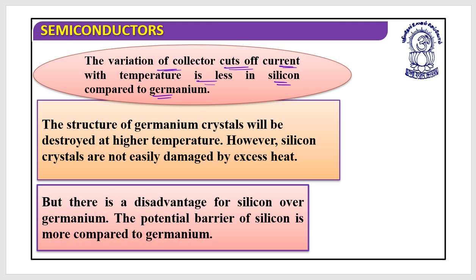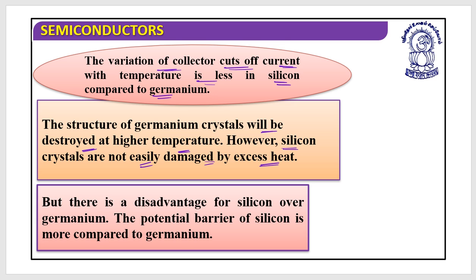And the structure of germanium crystals will be destroyed at higher temperatures. However, silicon crystals are not easily damaged by the excess heat applied to them.